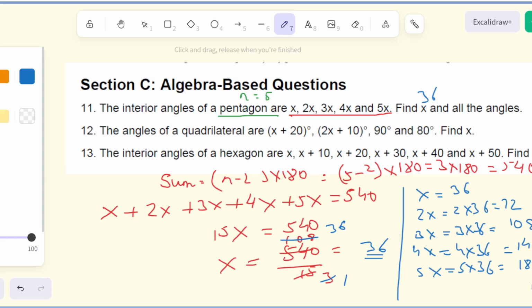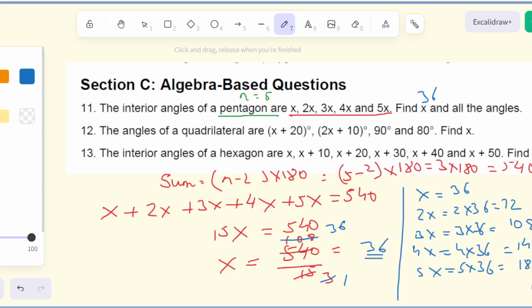Again, I'm explaining. First of all, what was given was a pentagon which has 5 sides. So we find the sum of all the interior angles of this pentagon. That was 540, right? Now they have given us the angles as x, 2x, 3x, 4x, 5x. We added all of them and equated that to 540, right?